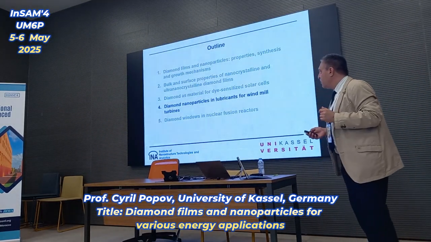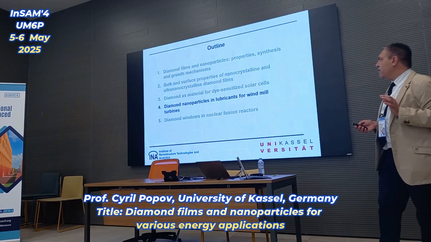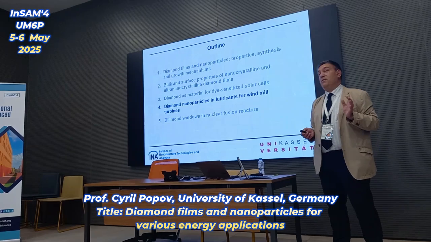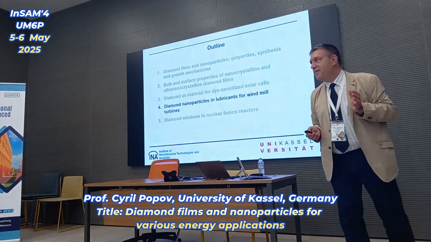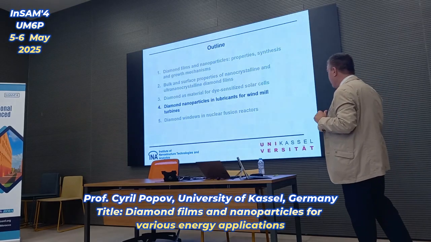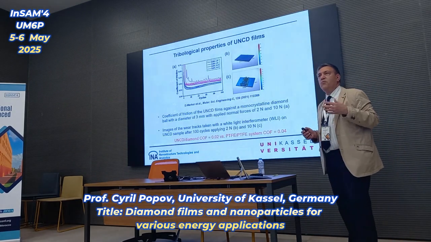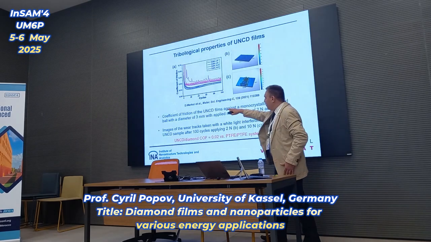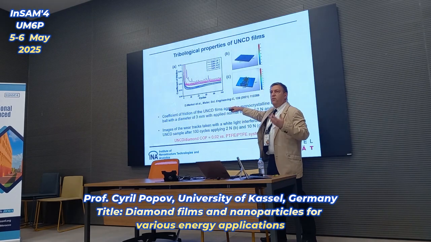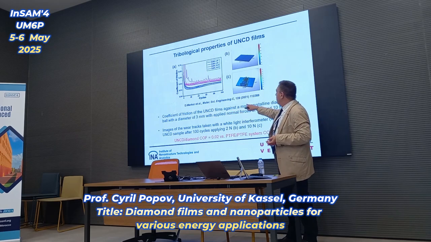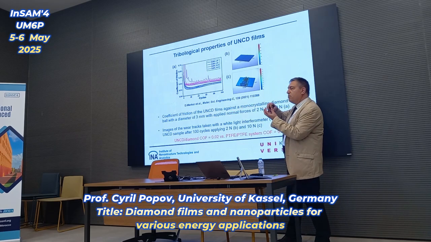The second example is diamond nanoparticles in lubricants for windmill turbines. You said diamond as lubricant. So again, I'm starting with an example to convince you, and this is an example from my group. We took ultra nanocrystalline diamond films, and for the wear tests, tribological tests, we used a monocrystalline diamond ball.